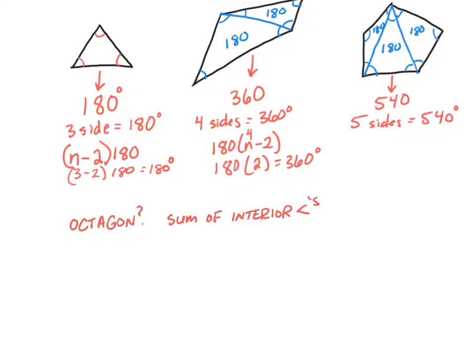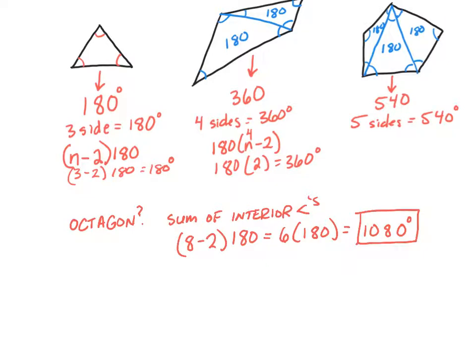Sum of interior angles of an octagon would be 8 minus 2 times 180. Pretty simple idea here. So 8 minus 2 is 6 times 180. I don't have my calculator out, so I'm going to try this in my head. 0, 8, 4, so it's 1080. 1080 degrees. Okay, so that's your sum of interiors.